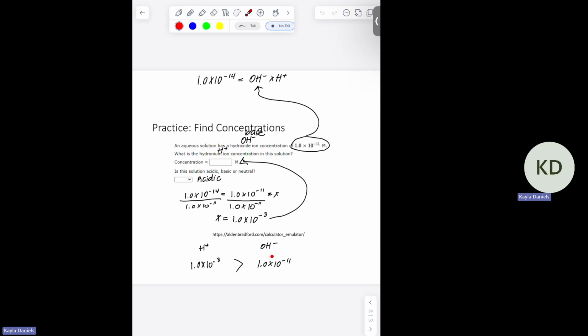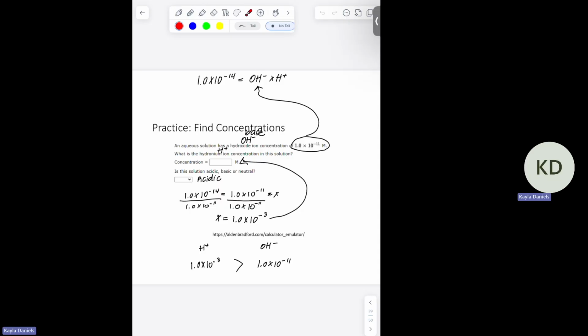In the last example, we had more H plus, which made the solution acidic, okay? And with negative exponents, the smaller the exponent, the more you have, okay?